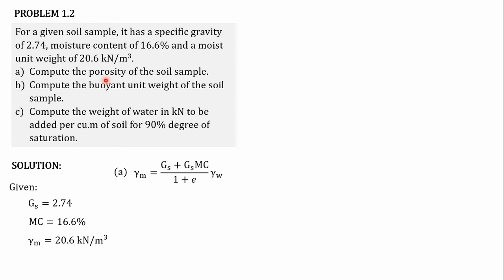In the moist unit weight, may ganitong formula: moist unit weight is equal to Gs plus Gs times moisture content, divided by 1 plus e, times unit weight of water.